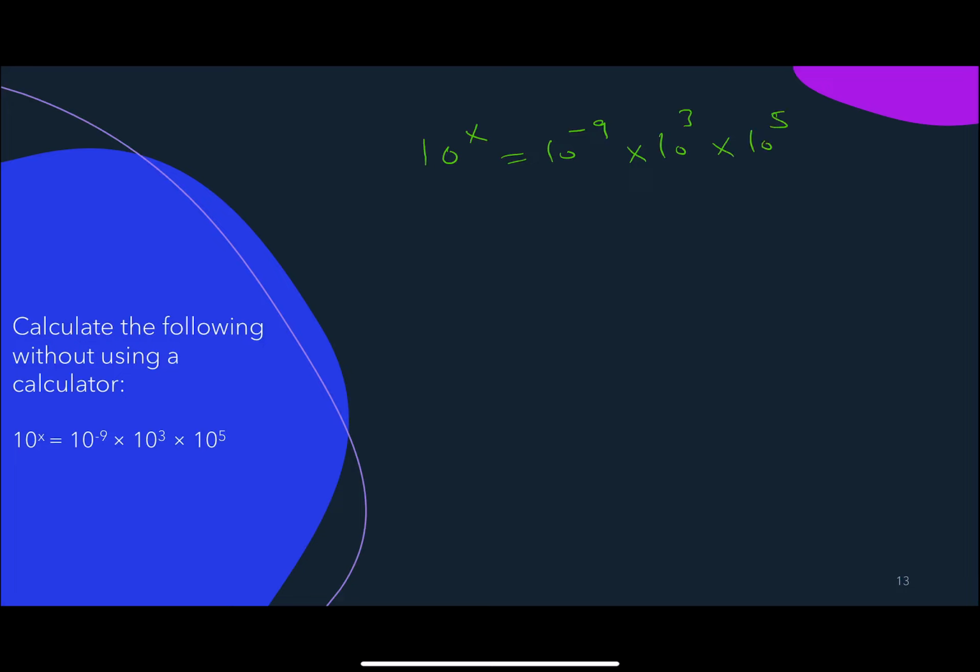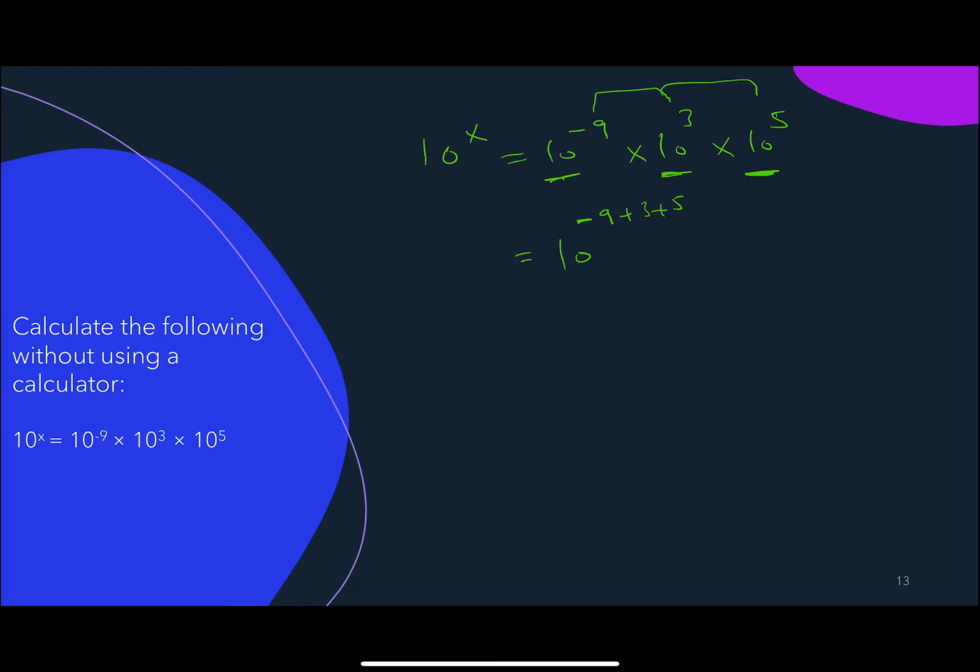Let's look at another way to express exponentials here. 10 to the power of x equals 10 to the power of minus 9 times 10 to the power of 3 times 10 to the power of 5, and it wants you to find the value. Now when you see something like this, the first thing you need to check is whether you have the same base. Because if you have the same base, you can apply the rule of addition.